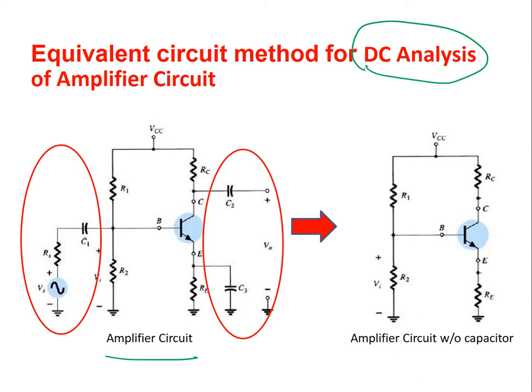The rule for DC analysis is to replace all voltage sources with short circuits, and replace capacitors with open circuits, because DC current cannot pass through a capacitor, so a capacitor acts as an open circuit, high impedance for DC.